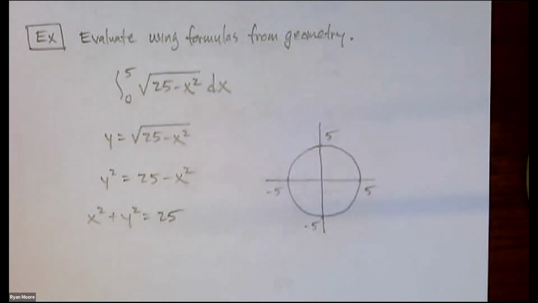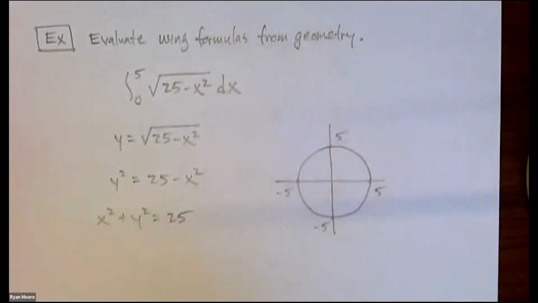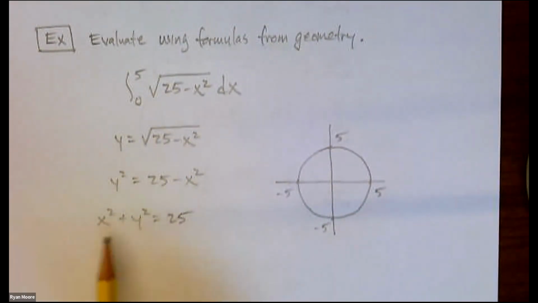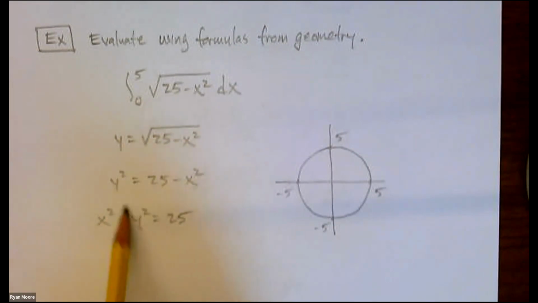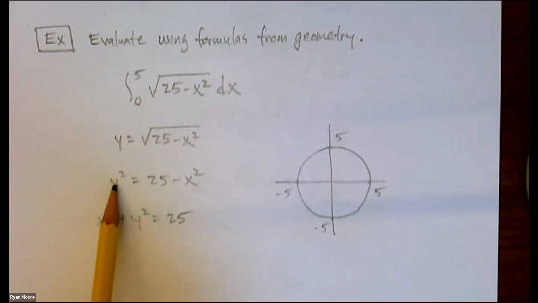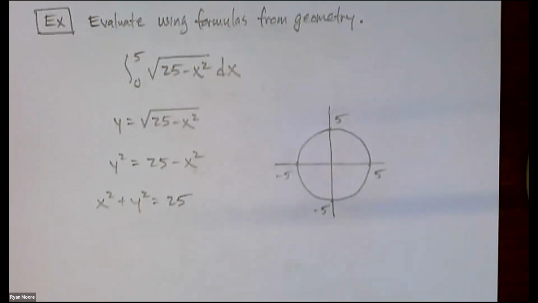So it turns out we can use our knowledge of the area of a circle to figure out what this definite integral would be. Now, here's the thing. x squared plus y squared equals 25 is the entire circle. If you think of moving backwards, we would have square rooted both sides, which should have given a plus or minus. But we don't have a plus or minus there. We just have the plus.